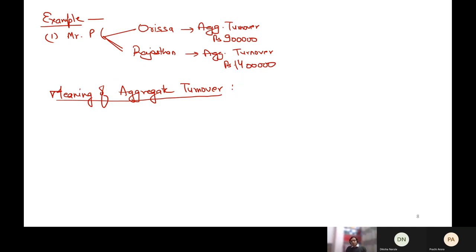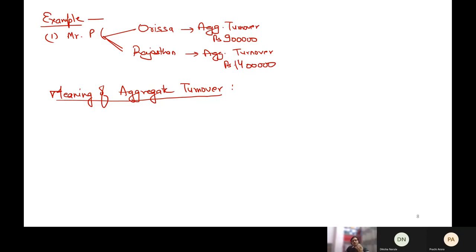No. In composition levy, the calculation of aggregate turnover was a little bit different. In registration, this calculation is a little bit different. But aggregate turnover is not defined in this section 22.